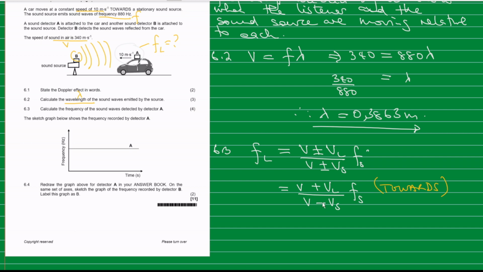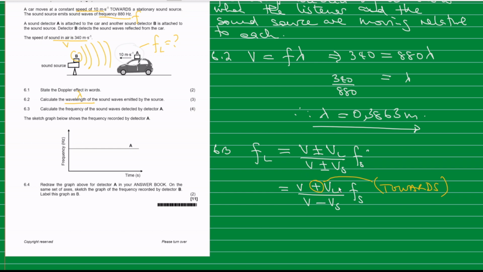Secondly, when the objects are moving towards each other, we expect the frequency to increase, so the numerator should be bigger, so we use a plus sign. There must be a plus sign here. So once you use a plus sign, then the denominator will have a negative sign.